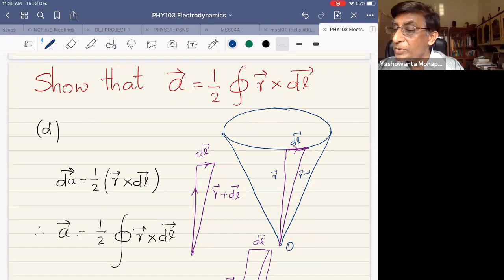So the area dA is, of course, half r cross dl for any small element. And the integration of that is as simple as that: the integration over the closed curve of r cross dl.